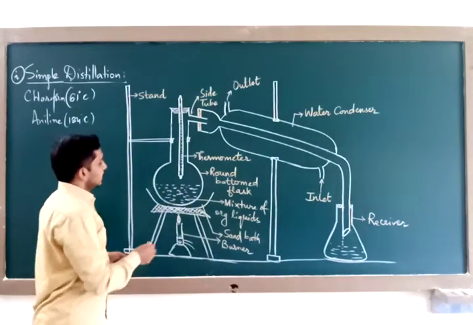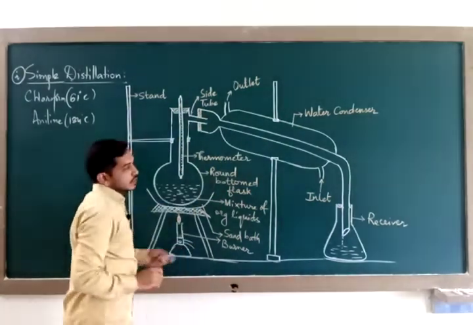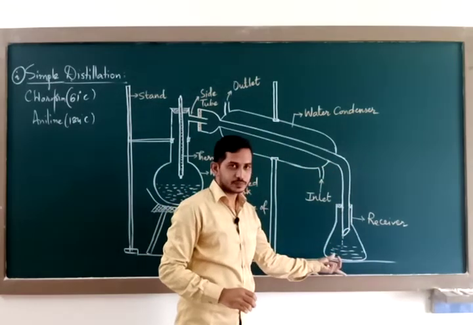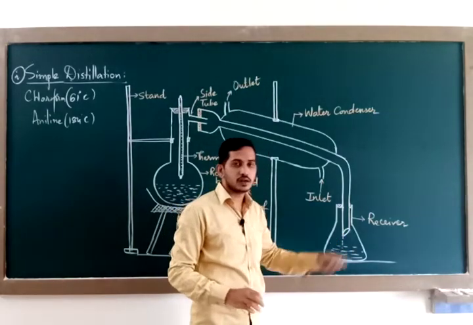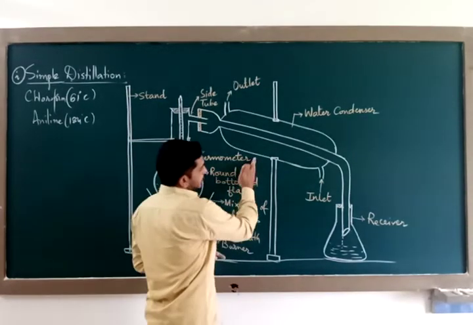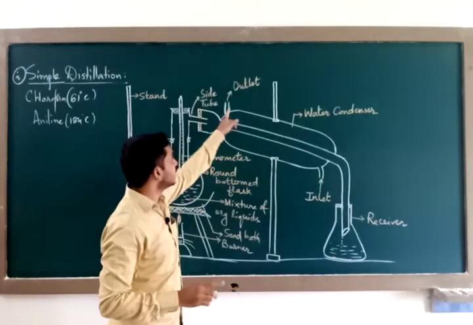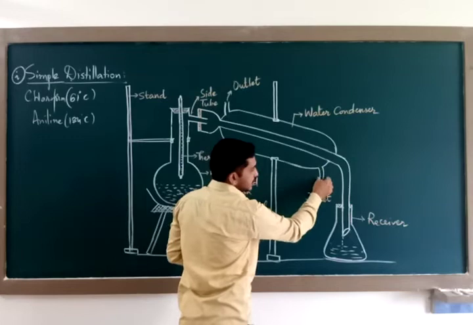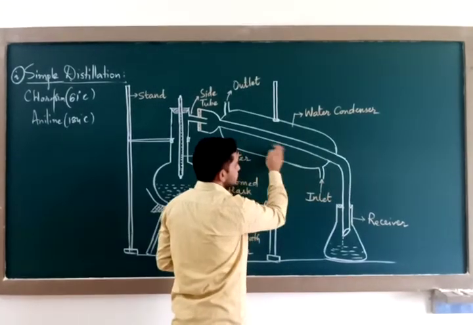Then this side tube connects to a water condenser. The water condenser's other end opens into a receiver. You can keep a beaker, or any conical flask fitted with a cork. Now, the water condenser has got two openings, I said, one inlet and one outlet. You may ask, sir, why can't I write inlet here? No. This opening is connected to the water tap, and the tap is opened so that water continuously flows inside.